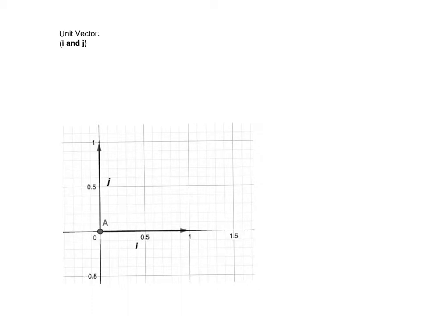Next we're going to define a unit vector. A unit vector is just a vector with a magnitude, also called a length, of 1. So it specifically has a length of 1. And there are two unit vectors that we're typically going to see, and those are i and j.